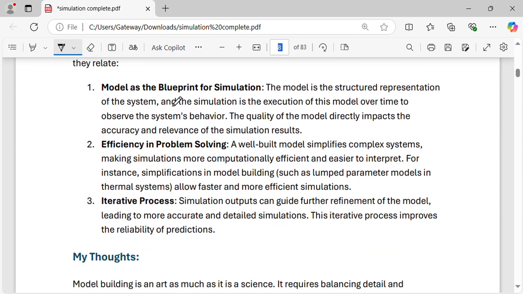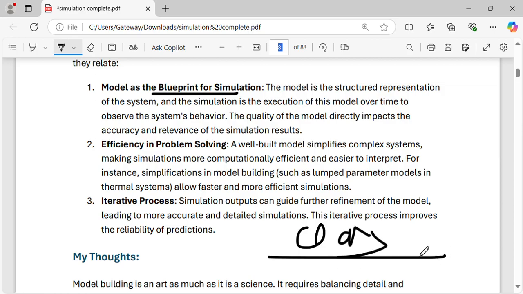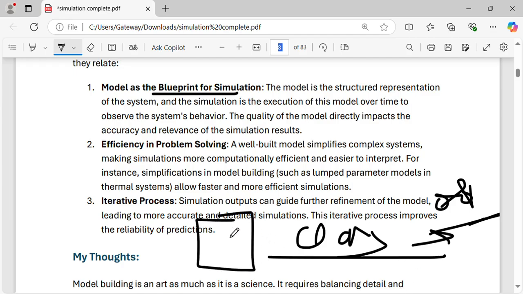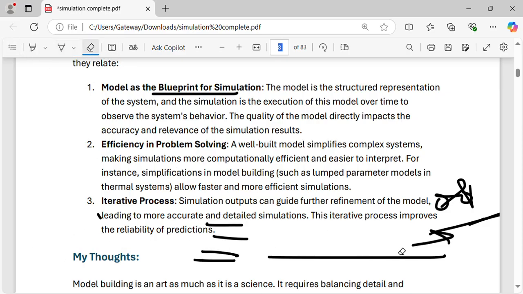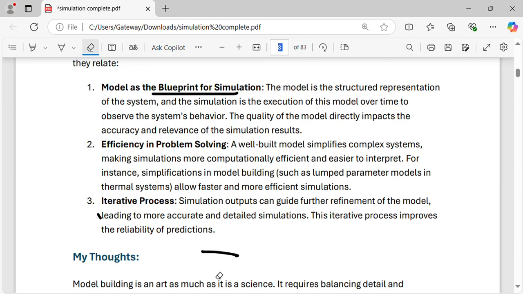Model as a blueprint for simulation. Like we talked about class. So what is a class in OOP, or object-oriented programming? It's a blueprint for an object, like a page where you write some details and then you have some object that can refer to it. Then you can have many objects that can refer to the same page, or same class in this case. So a model is the blueprint for simulation.